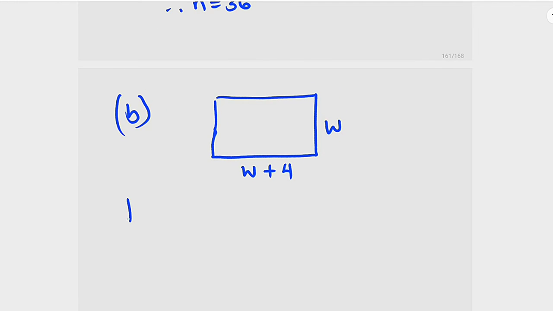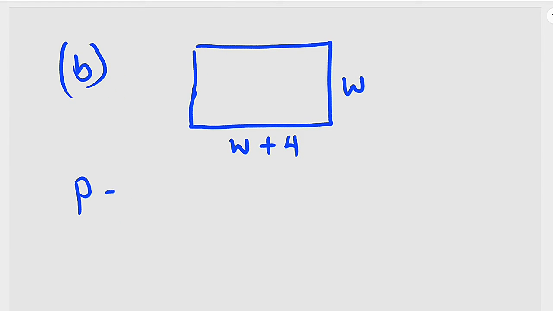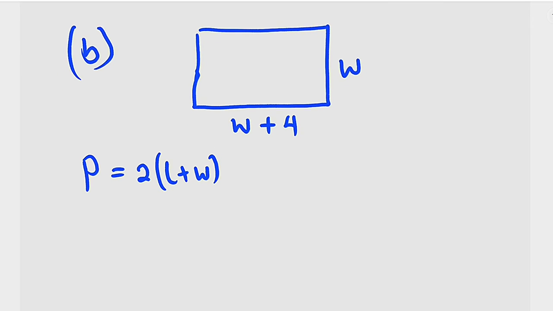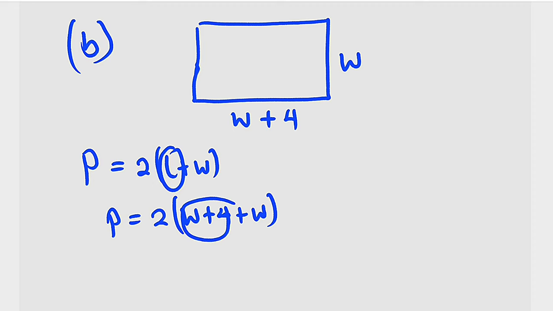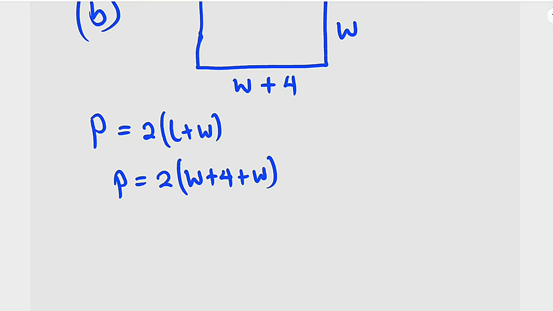I remember that the perimeter of a rectangle is given as 2 multiplied by the length plus the width. But the length is what? 4 plus W, so we can substitute it for L. P is now equal to 2 multiplied by W plus 4 plus another W, because this L is equivalent to 4 plus W, and we have another W, which if we add them together, you have 2 W's plus 4.